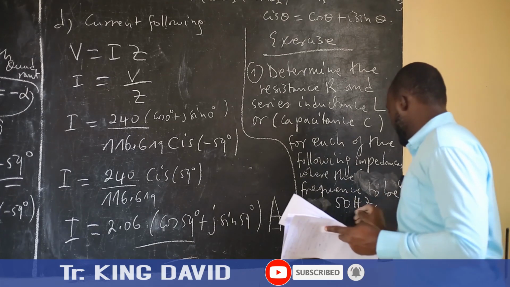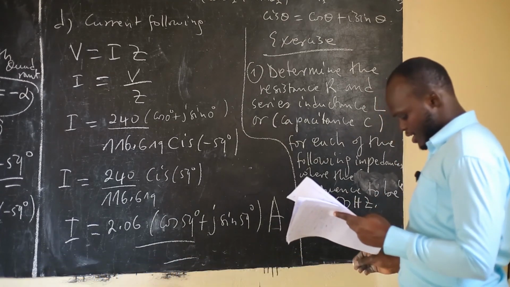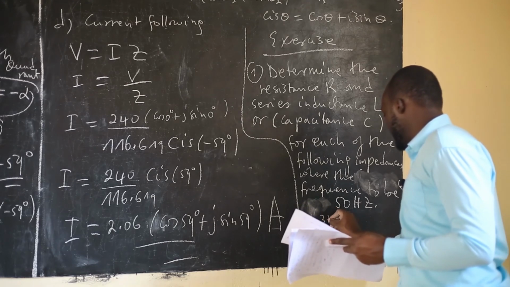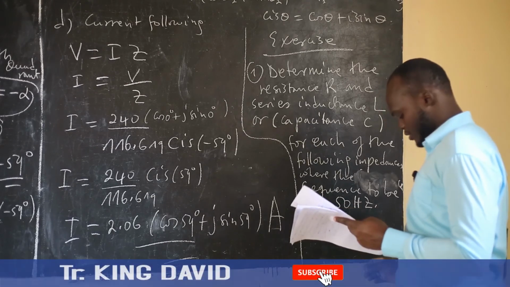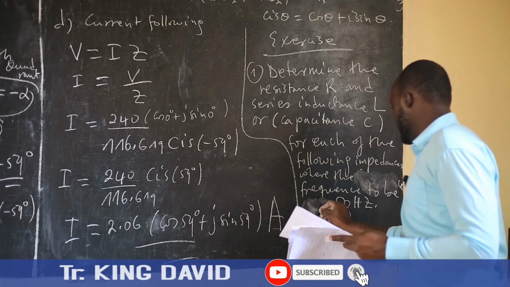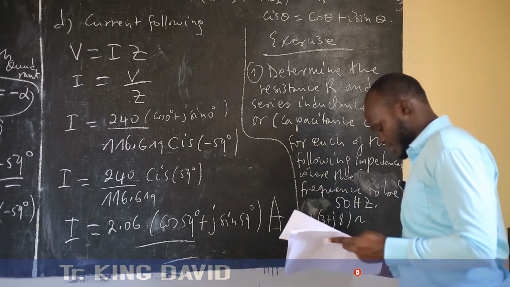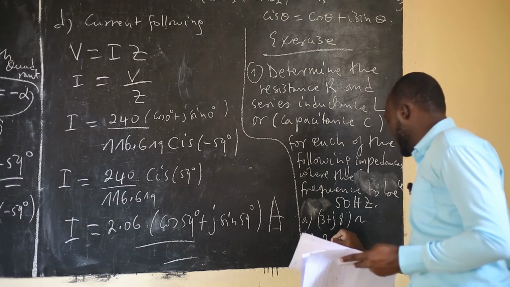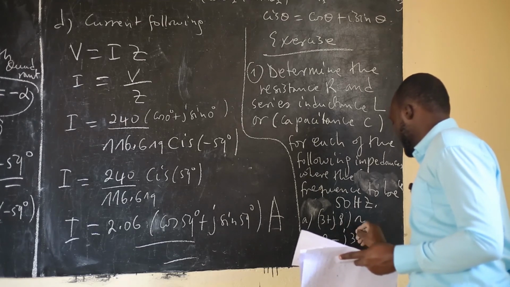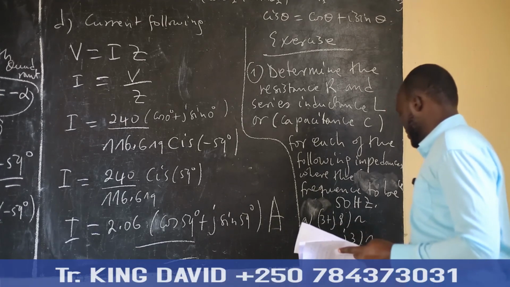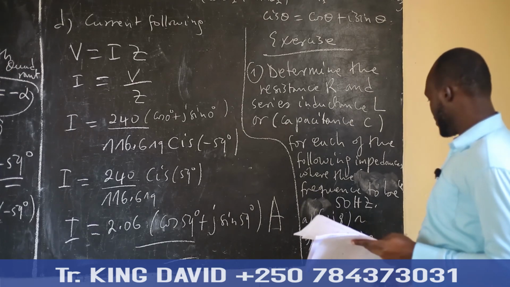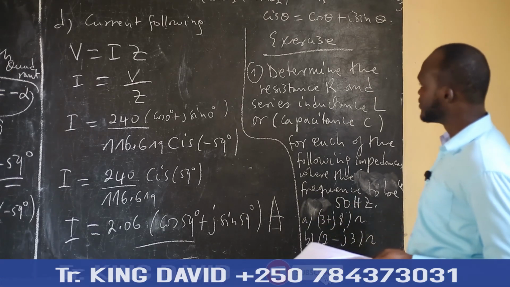A is 3 plus j8 ohm. B is 2 minus j3 ohm. So you may try this one.